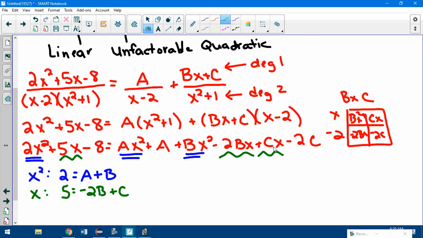All right, and then lastly, negative 8, the constant, has to come from a minus 2c. Those have to combine to give you negative 8.